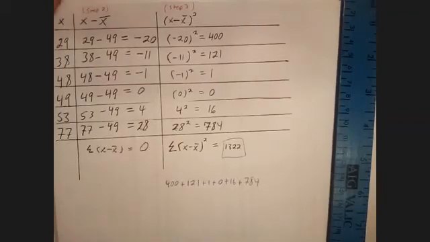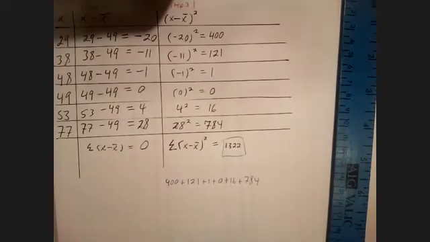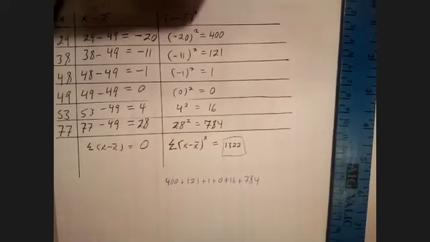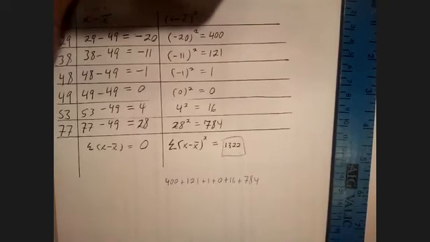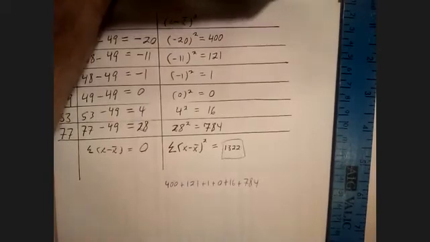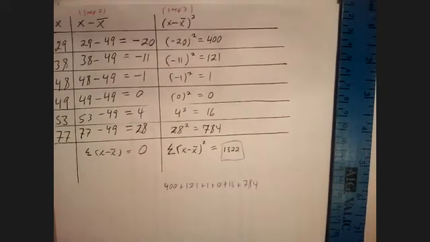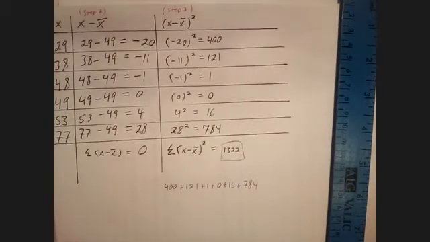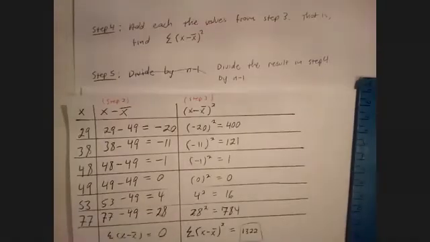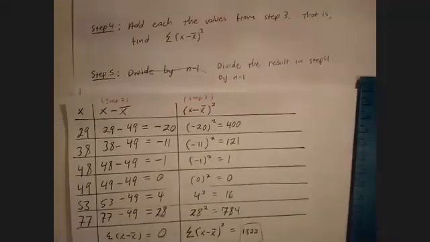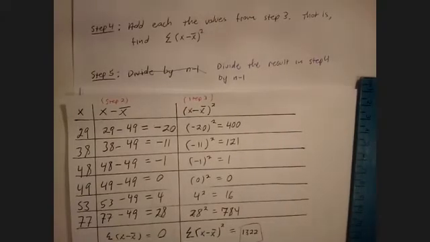Maybe what I should have said is divide the result in step 4 by n minus 1. I think I should be a little more specific. That's what I was just writing. Okay. Divide the result in step 4 by n minus 1.